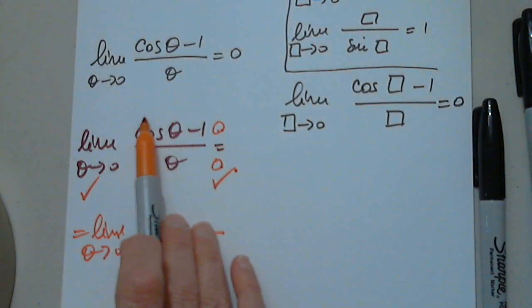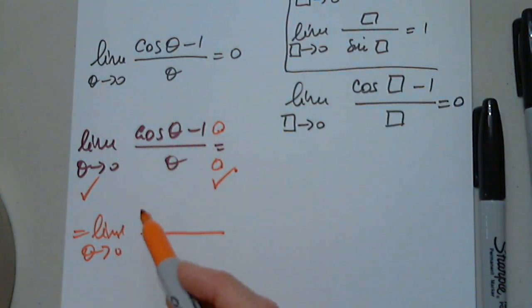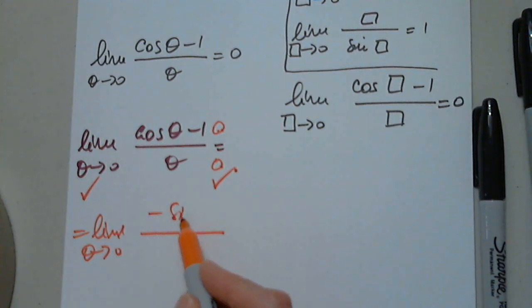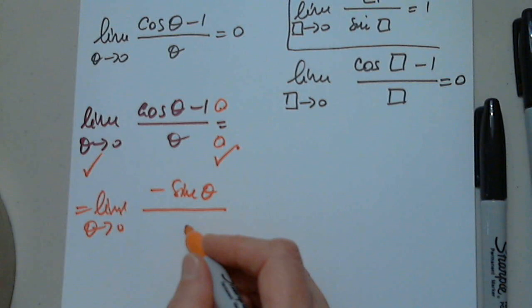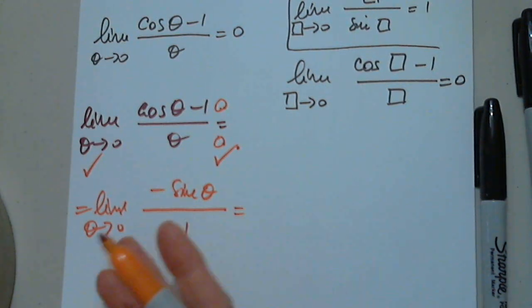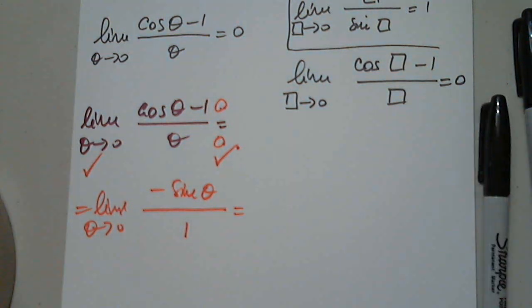So can anyone give us the derivative of the top? Negative sine. Okay, awesome. And the derivative of the denominator? 1. Perfect. Can anyone now plug it in and tell us the answer?